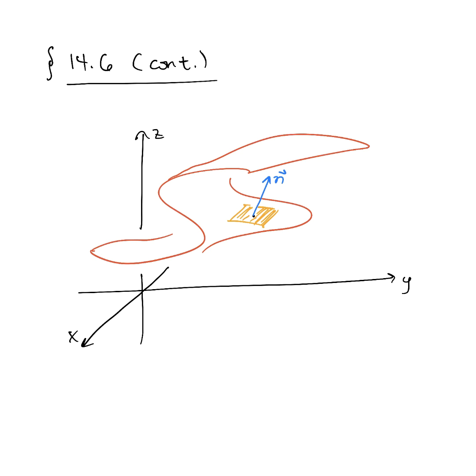When we can't, what we do is we treat the surface as the level surface for a function of 3 variables.